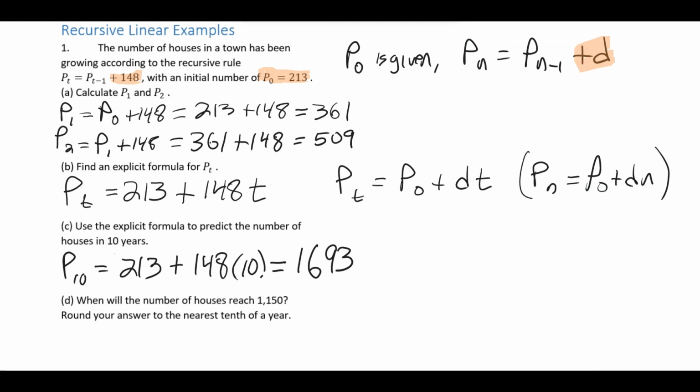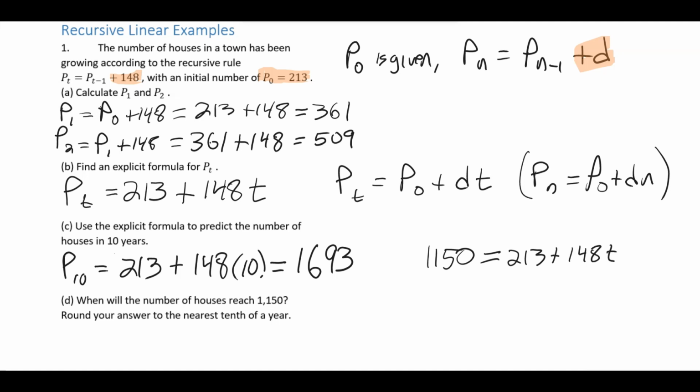So here we use the explicit model. We're going back to the explicit model, but now this value is going to go into the P sub t. So we're going to get 1150 equals 213 plus 148t.